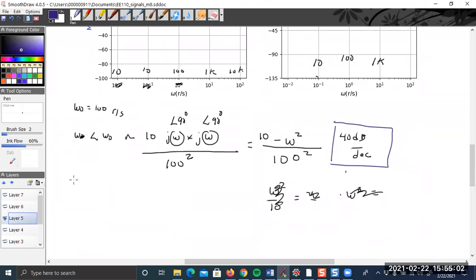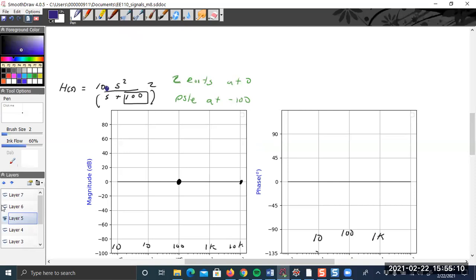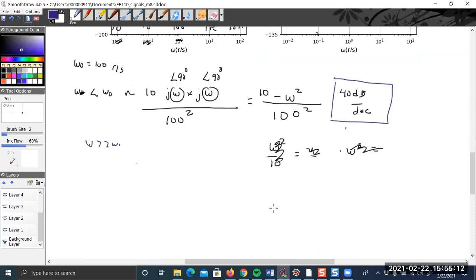Now what I'm going to do is, what if omega is much, much bigger than omega naught? So that is going to be 10 times j omega times j omega.